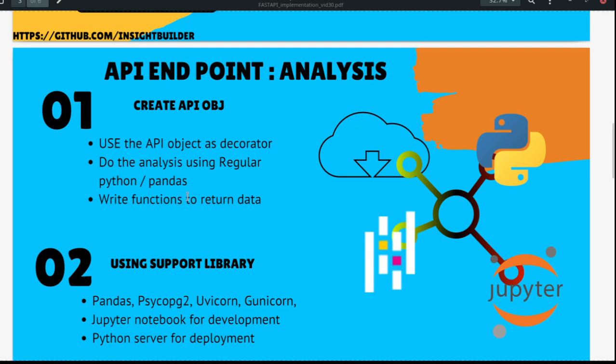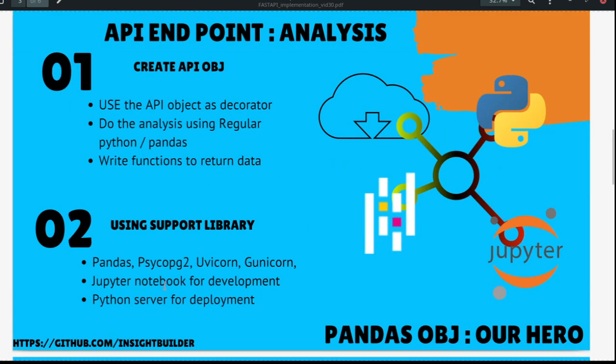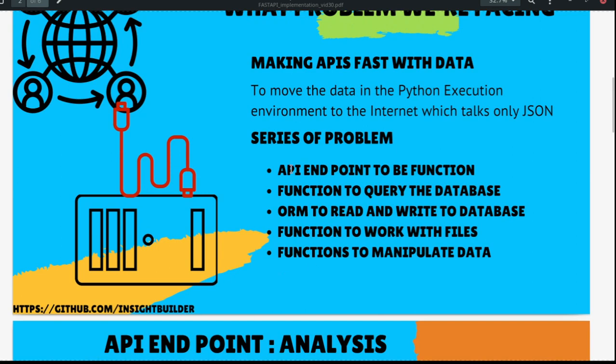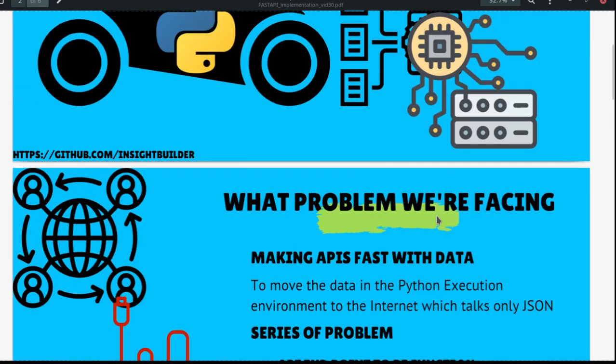We wrote a lot of functions and used them whenever the API endpoint is queried. We used all the supporting libraries to develop the application and the server. We have also seen how to use the database query method, and how to work with files.